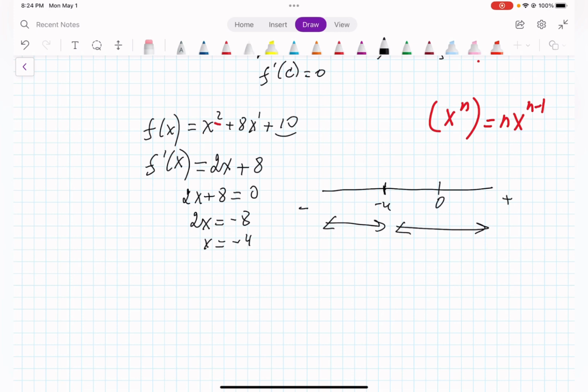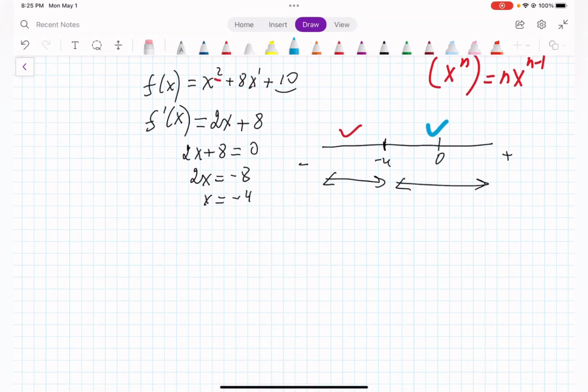So what am I going to do? I'm going to take any number from this area that is less than -4, and then take any number from this area where x is greater than -4. I will let you know why we are doing this. I'm going to test and see if f prime of x is positive or negative, and then I'll explain.